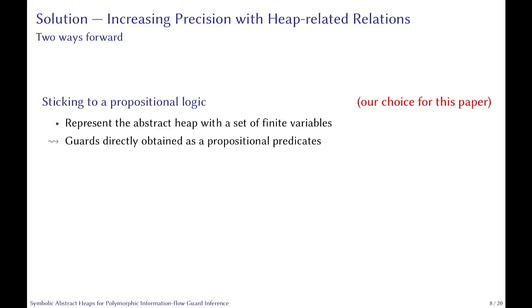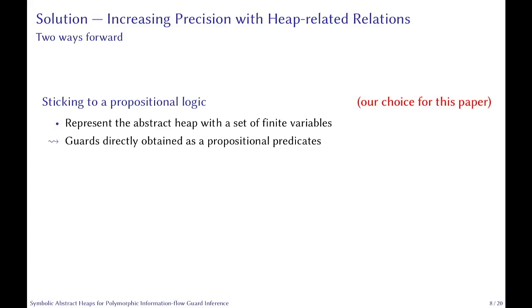Okay, so now what if we want to increase precision? There are two ways, and we can just stick to what we've been doing in the previous slides and stick to a propositional logic. This is very straightforward, actually. And we can just continue representing the abstract heap with a finite set of variables.